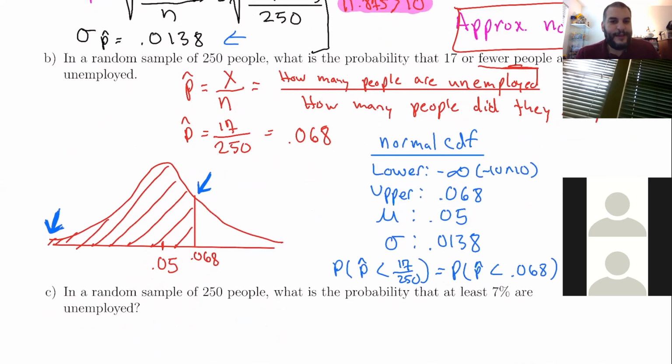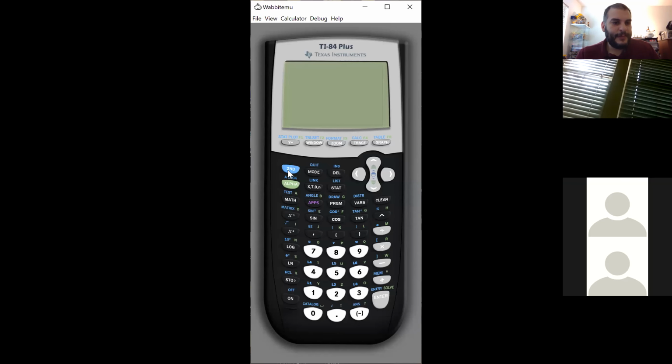Next, let's transition over to the TI-83, or TI-84, and enter it, and we should get our final answer. Let me turn it on. First go to second, distribution, and go to normal CDF.